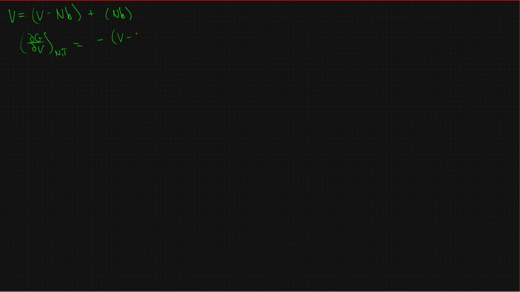So this would be v minus nb times nkt all over v minus nb squared, then minus this term, nb times nkt all over v minus nb squared, and then plus 2an squared all over v squared. Okay, so that allows you to cancel out that bit right there. Oh, hold up. There's no addition there, that's multiplication.